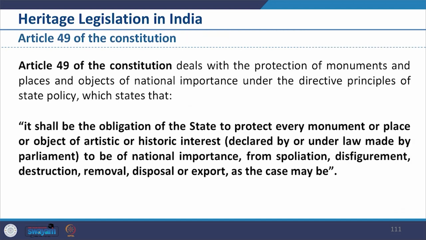Article 49 of the Constitution deals with the protection of monuments and places and objects of national importance under the Directive Principles of State Policy, which states that it shall be the obligation of the state to protect every monument or place or object of artistic or historic interest, declared to be of national importance, from spoliation, disfigurement, destruction, removal, disposal, or export, as the case may be.